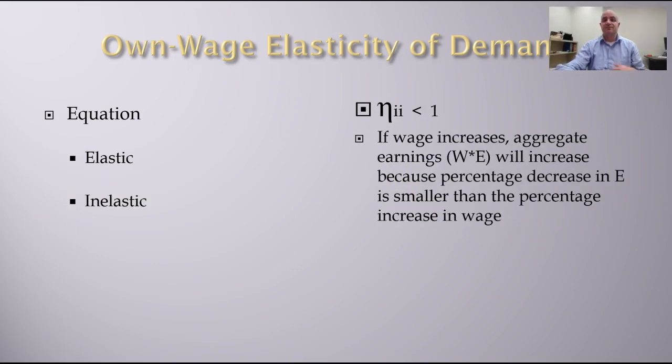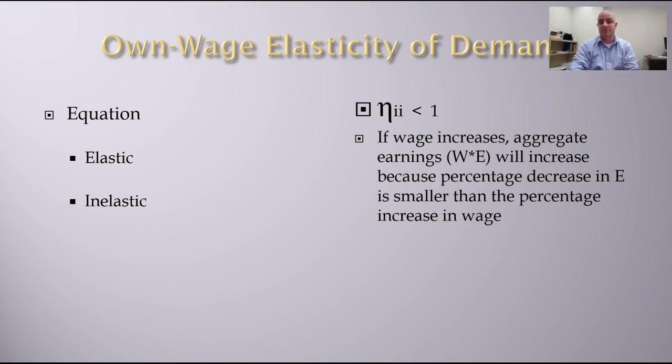On the other side, if the own wage elasticity is less than 1, then if the wage increases, aggregate earnings, the total amount paid out, is going to increase. Because here, employment is not very responsive to changes in wages. When that wage goes up, the percentage decrease in employment isn't going to be that much comparatively speaking.